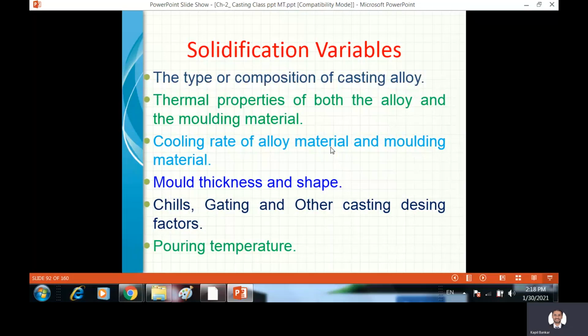Directional solidification starts from thin sections and goes towards thick sections. Then chills, gating and other casting design features also affect the solidification, as well as the pouring temperature of the material or alloy.